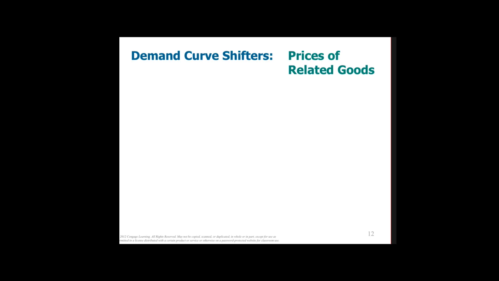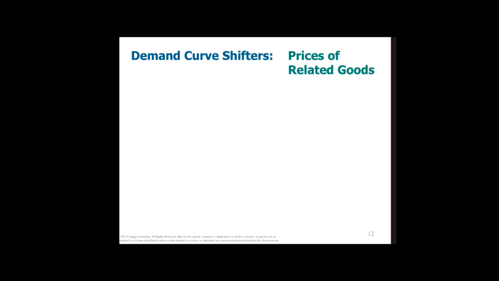The price of related goods. Do not get confused on this one. I said price can never change demand. The price of the good changing can never change demand. But the price of a related good changing can. So a change in the price of a related good, you are most often going to say a change in the price of a complement or a substitute.